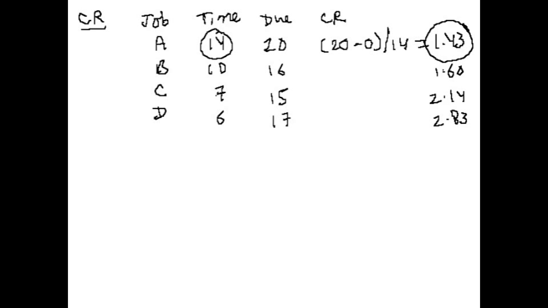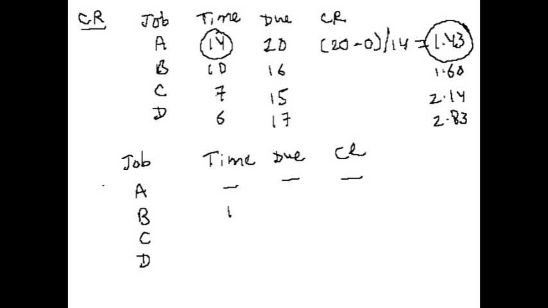After the completion of job A, the critical ratios will be revised. So when you do it for the next one, let's say job and critical ratio, obviously you don't need A there. So it will be between B, C, and D. The remaining numbers are 10, 7, 6, and there's no change in due dates.